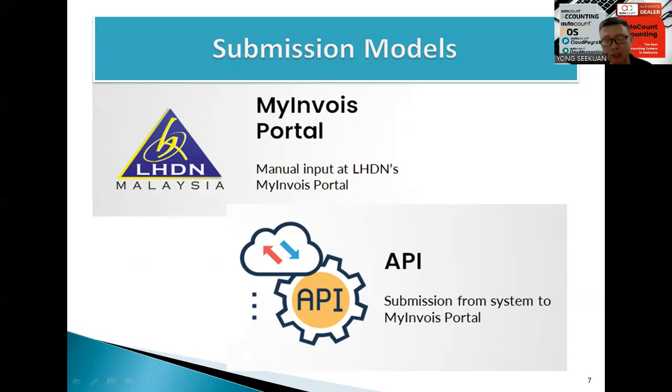But definitely this one is not free, because you will be investing in an accounting system like AutoCount, UBS, or SQL Accounting, right? Their programmers will develop the API to link to the government server. Then you can implement invoice automation, not manually like in the MyInvoice portal.